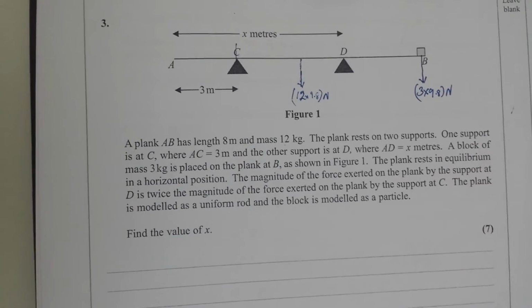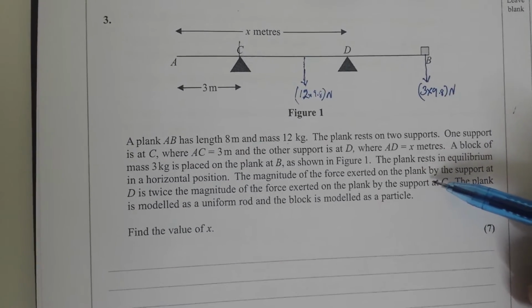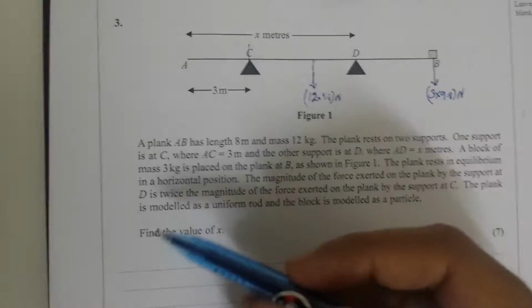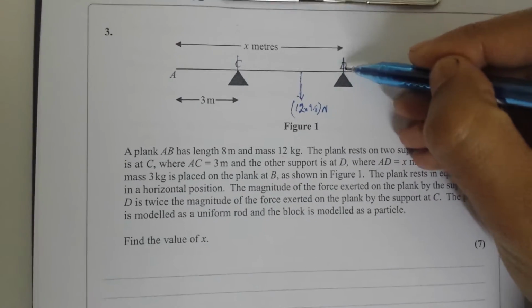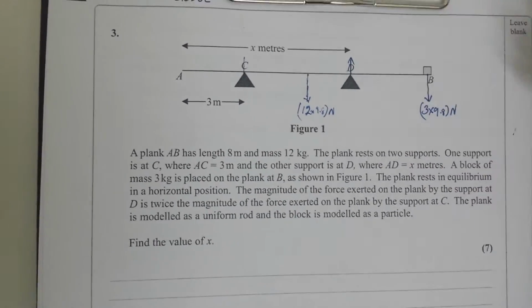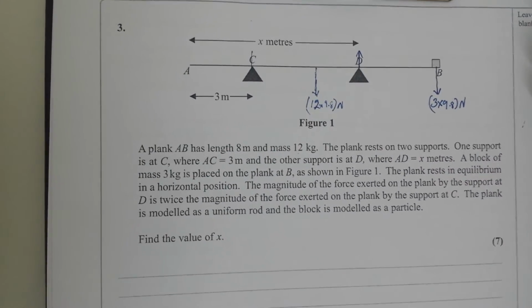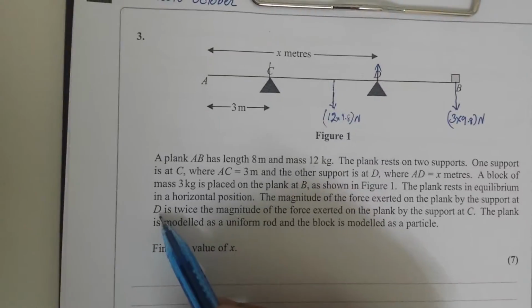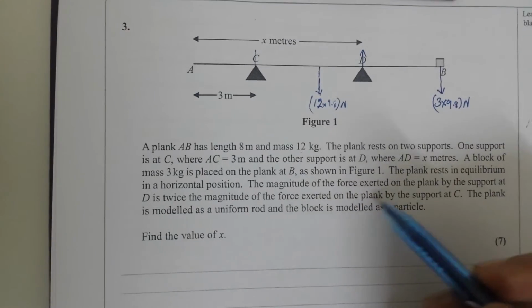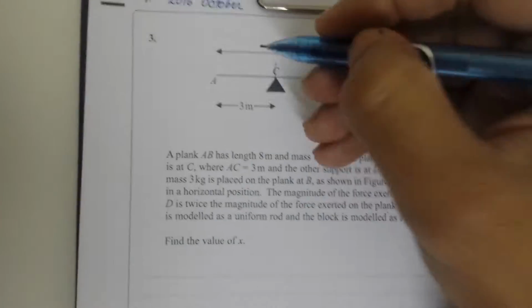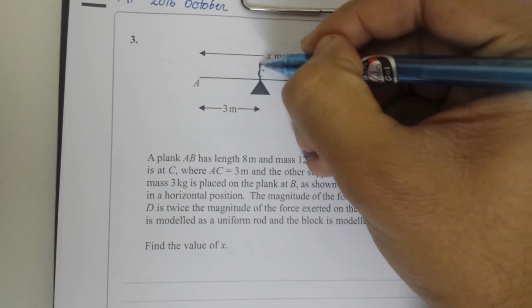The magnitude of the force exerted on the plank by the support at D. So here there is a contact force, normal reaction force. That is twice the magnitude of the force exerted on the plank at C. So what is the force acting here?